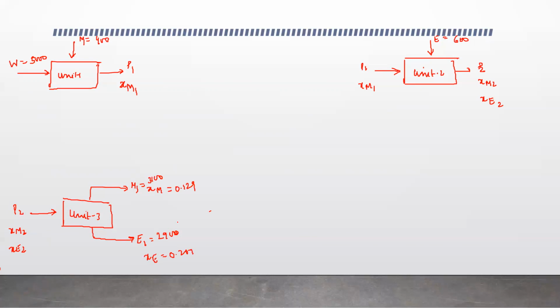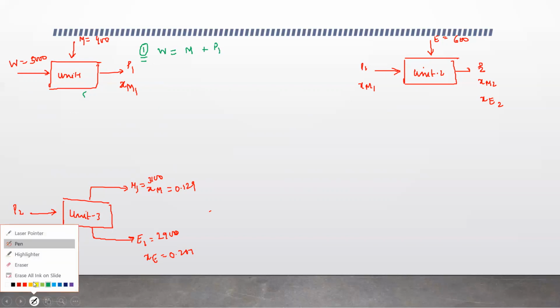Now for individual block diagrams, I'm going to make individual equations to get my results. For block diagram number 1, I'm going to make an equation for overall material balance. Input is equal to output.